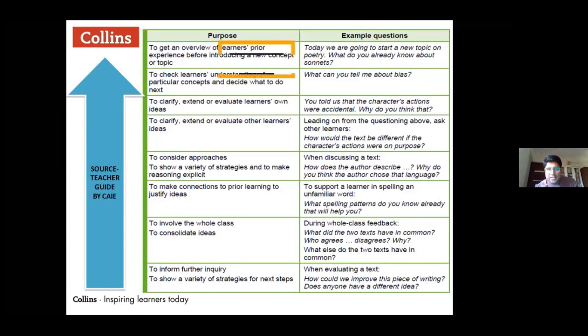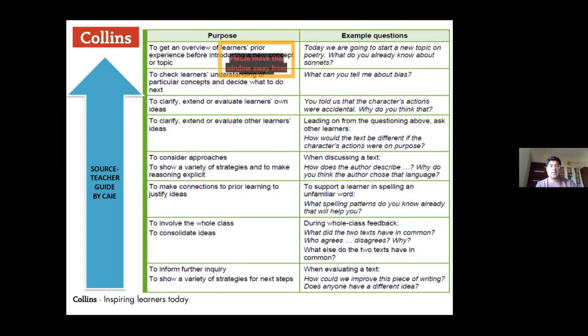That leads to a very successful classroom. Why do you think the author chose that language? You can add your own question over there. Why do you think the author did not choose this particular phrase? Now you do your homework. Prepare a phrase in that context that you think could have also worked, but the author chose not to.